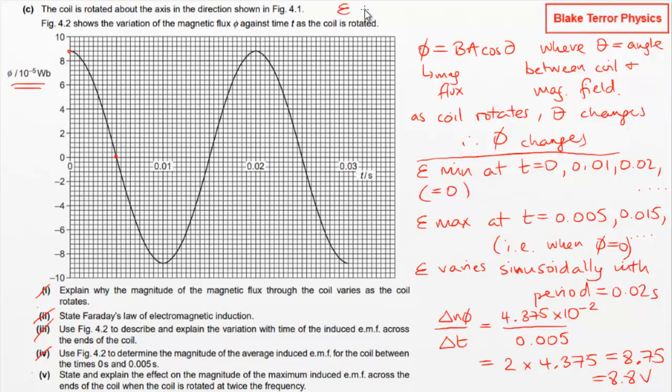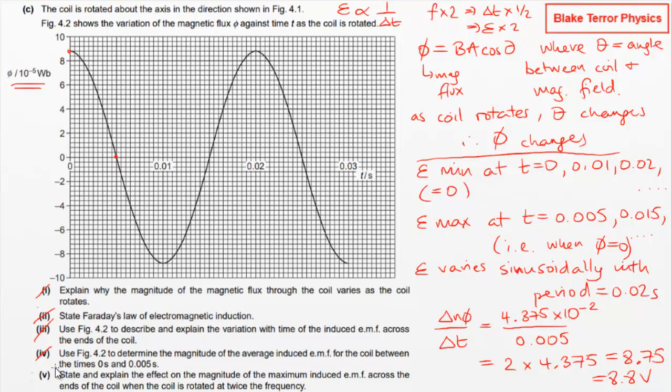We've got that the induced EMF is proportional to 1 over delta t. So if we're doing frequency times 2, that means that the delta t is going to be multiplied by 1/2, which means that the induced EMF is going to be twice as big.